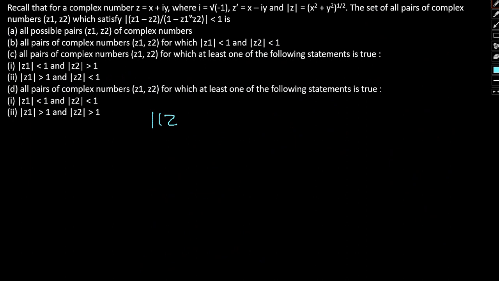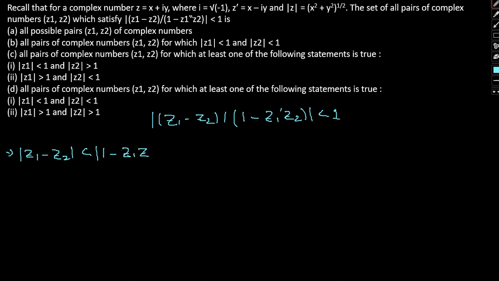So here we have z1 minus z2 by 1 minus z1 z2 dash. This can be further written as mod of z1 minus z2 less than mod of 1 minus z1 z2 dash, which can be further written out.